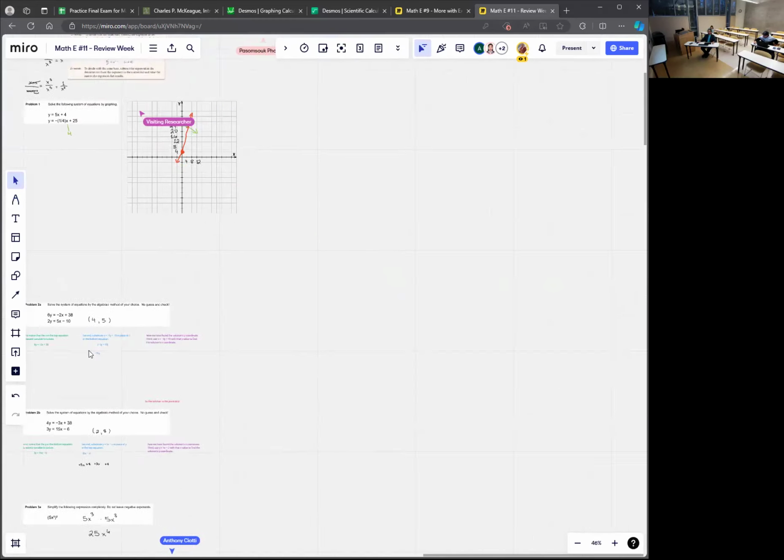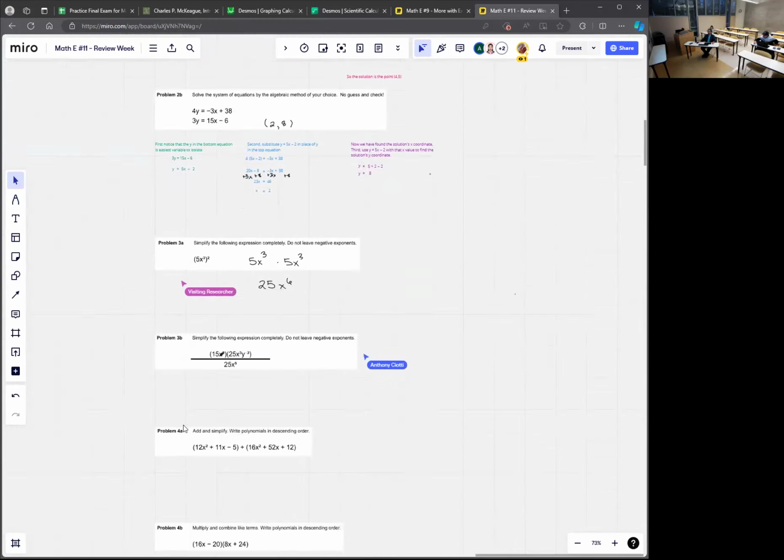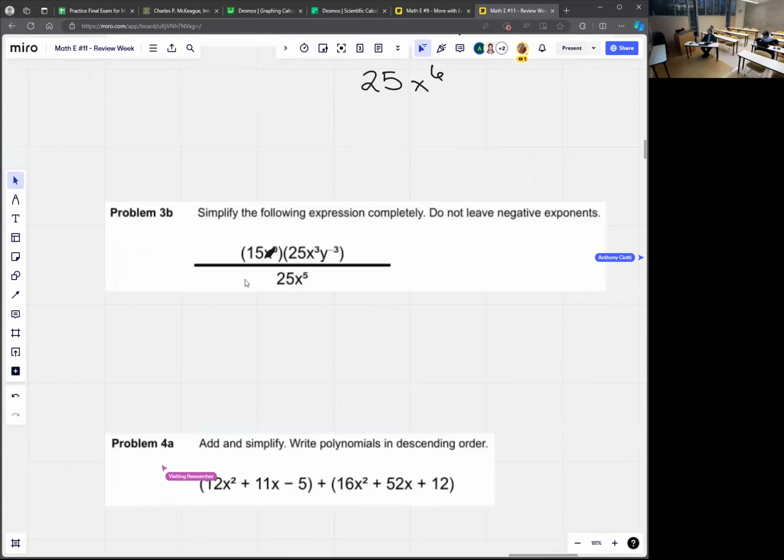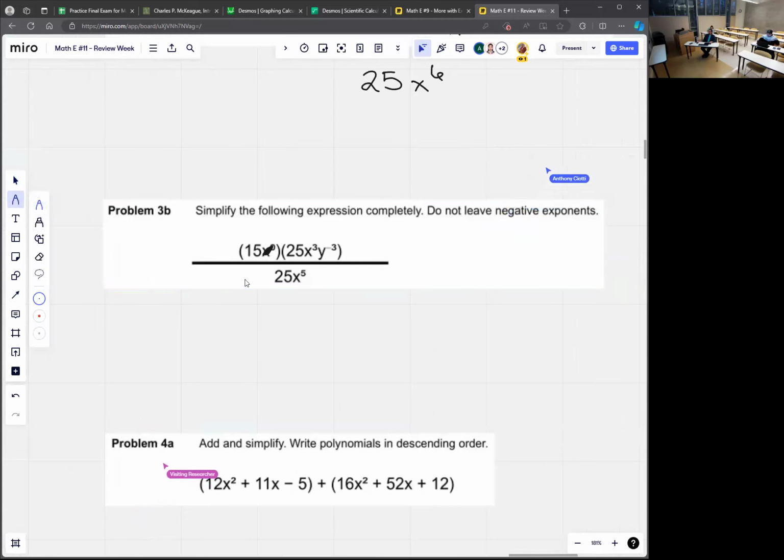Okay, keep going. So that I can just get rid of. A negative exponent moves to the bottom. 25 is gonna cancel. X to the 3 and x to the 5, we just did that, so the 3 goes away, and the 5 turns into a 2. So I'm left with a 15 on the top and nothing else.